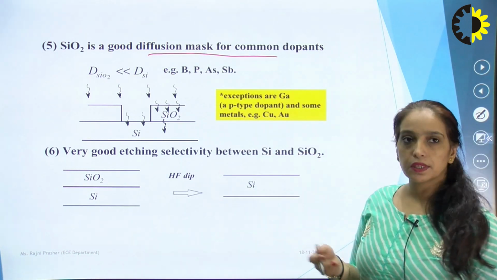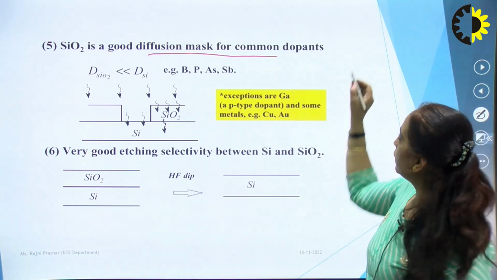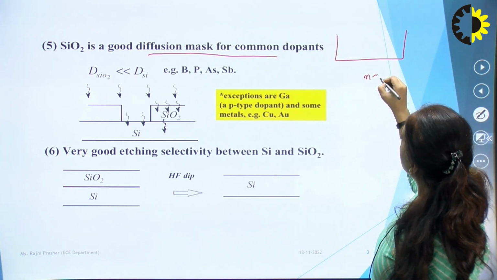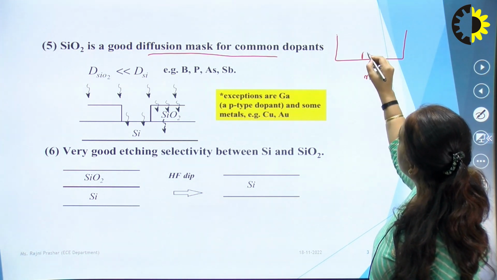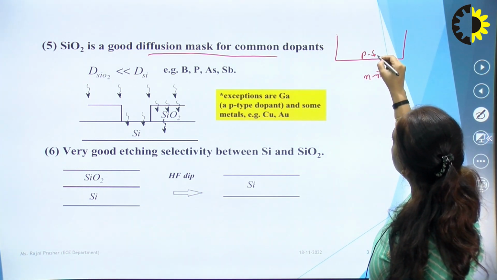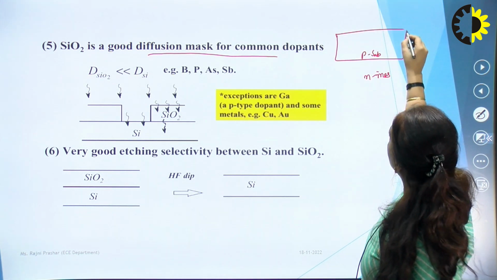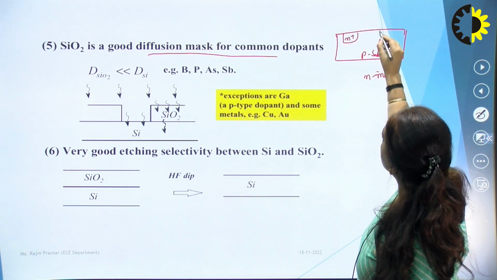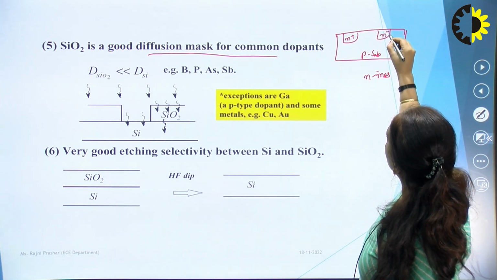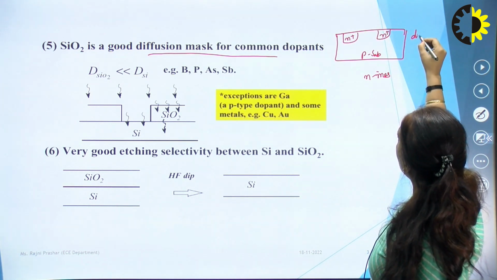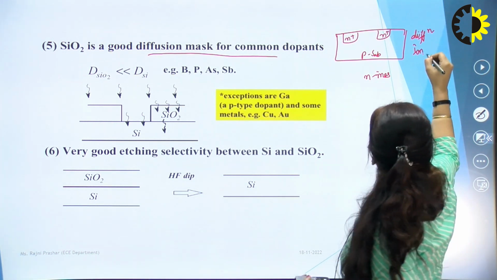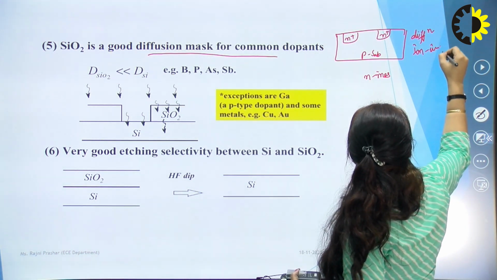In the upcoming process, for example, when we are forming an NMOS, we take a p-type substrate and we must have N plus areas here. These N plus areas are formed with the help of diffusion or ion implantation.